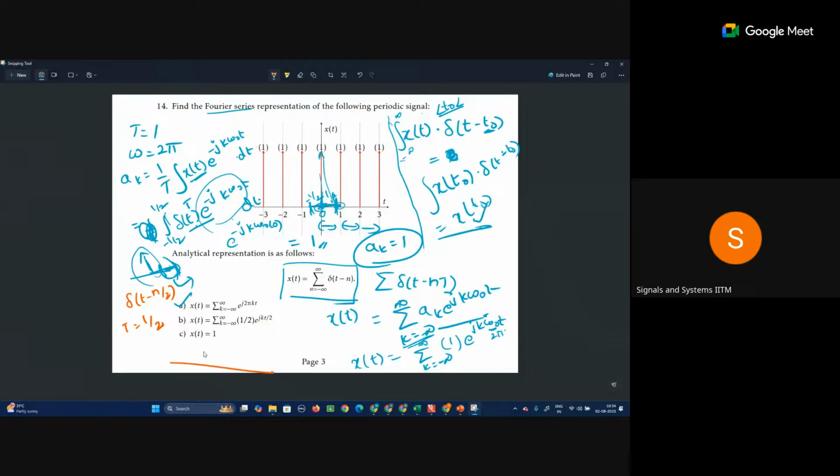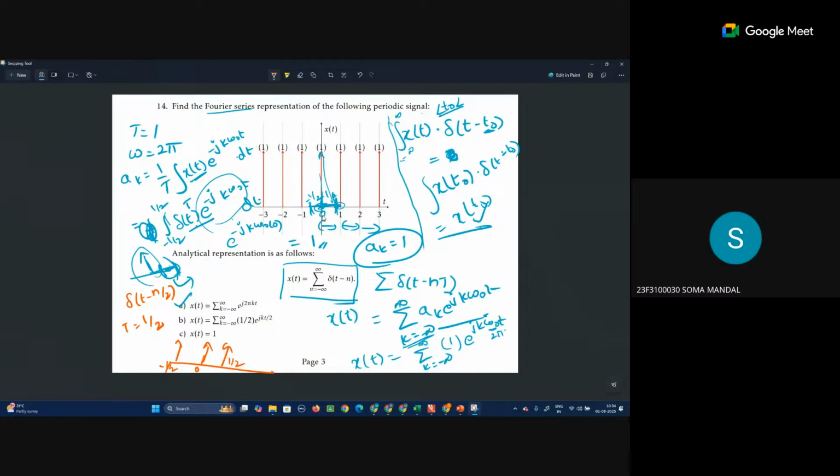So the impulse train will be at 0, 1, 2, 3. The interval is the same, the picture is the same.